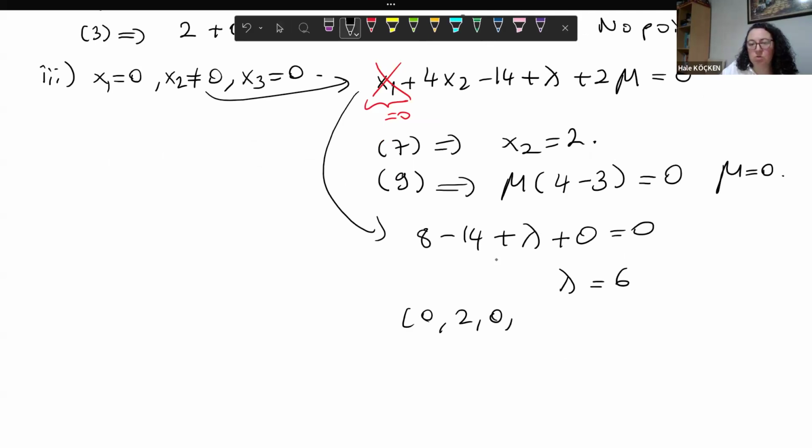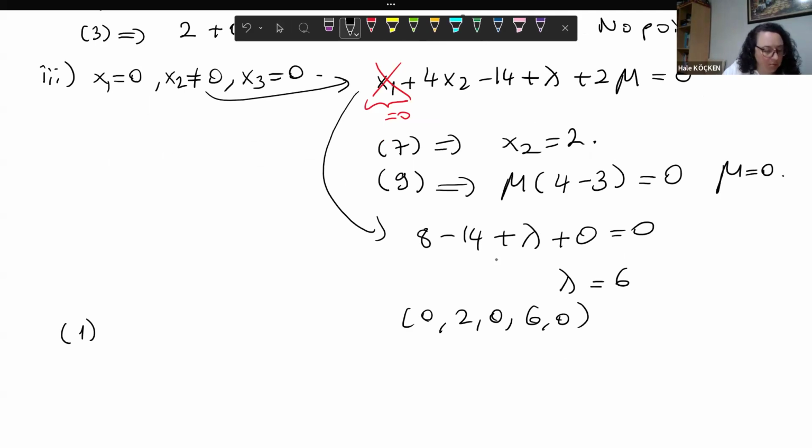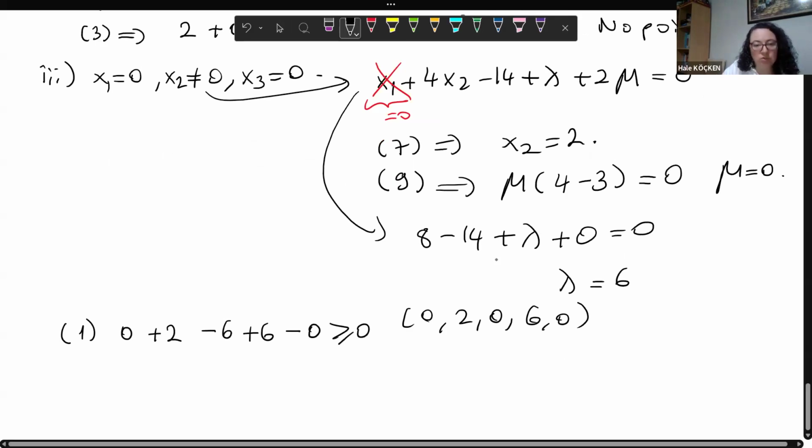0, 2, 0, 6, and 0. Let me check. 1, should I need to check 1? Yes. 2x1 plus 2 minus 6 plus lambda minus mu is greater than or equal to 0 or not. It's satisfied.